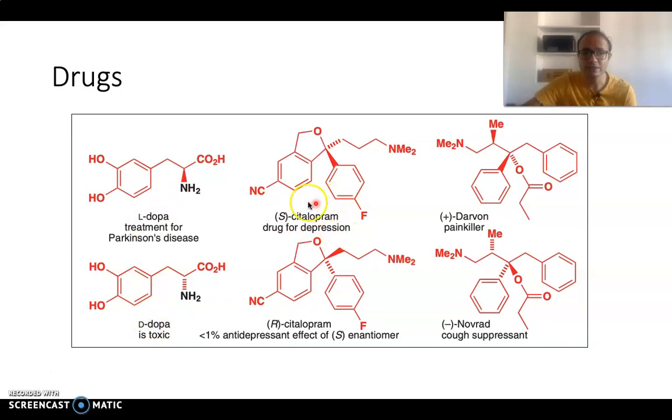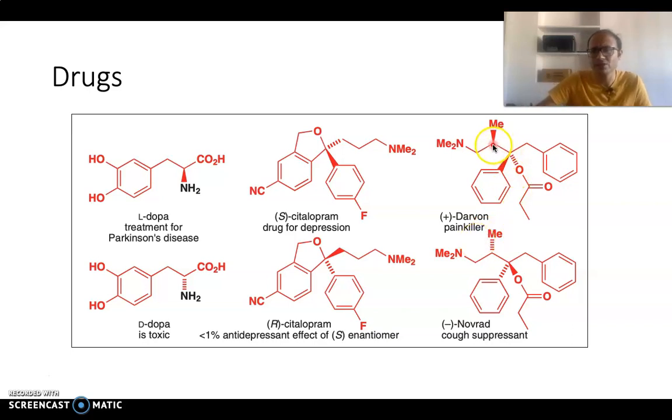Similarly, you have citalopram, which is used as an antidepressant; however, its enantiomer is not that effective. Again, another drug is Darvon and another is Novrad. These two drugs are basically enantiomers, though they have been given different names.